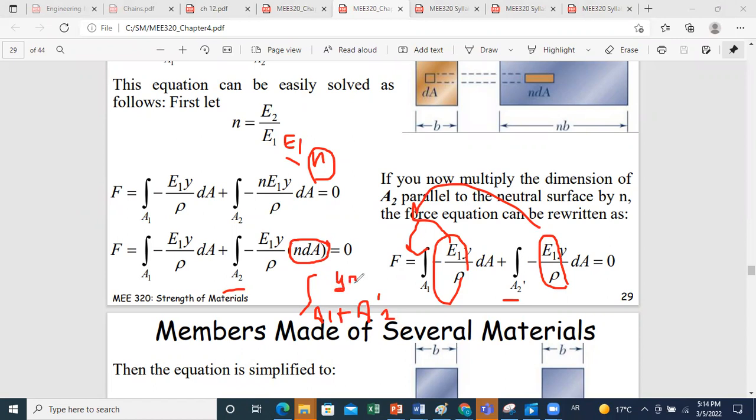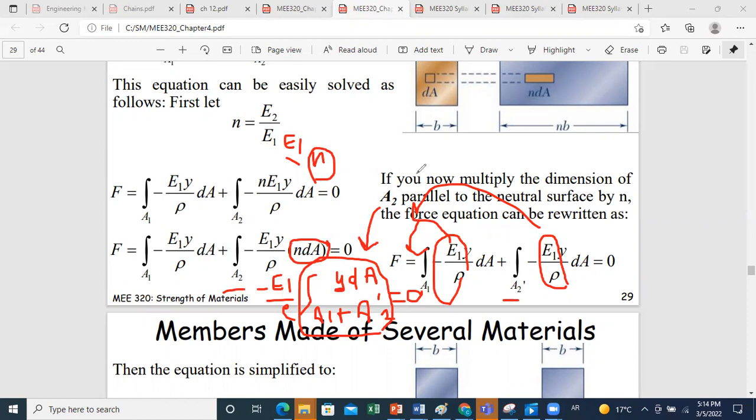What do we conclude then? The integral over A1 plus A prime 2 of y dA, times minus E1 over rho which we take as a factor, is equal to 0. This means that this integral should be 0. Therefore, the neutral axis should pass by the centroid of the modified area.